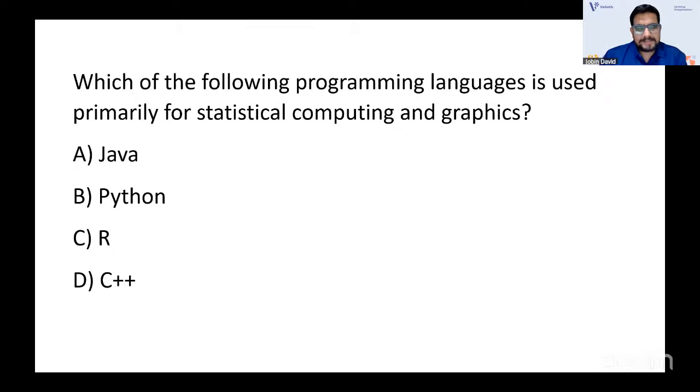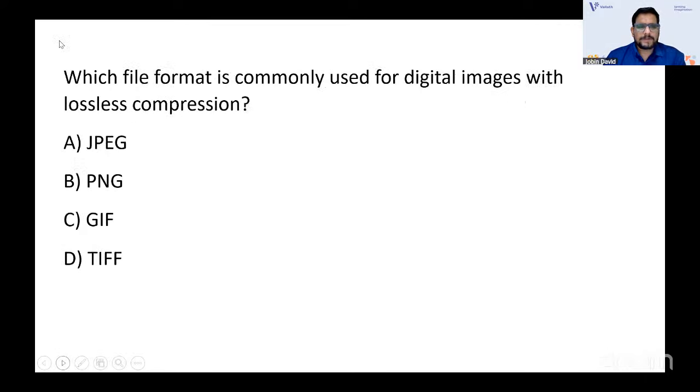You have RStudio, also R. Yes, I have the live chat here. You can just answer. The answer is R. R is the programming language which is used primarily for statistical computing and graphics. Okay, that's it. Next one.